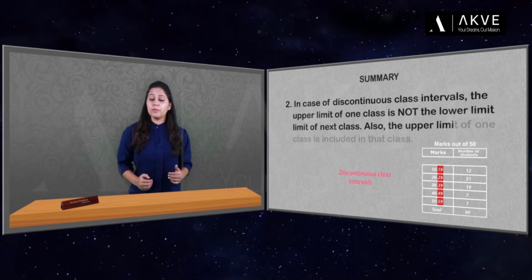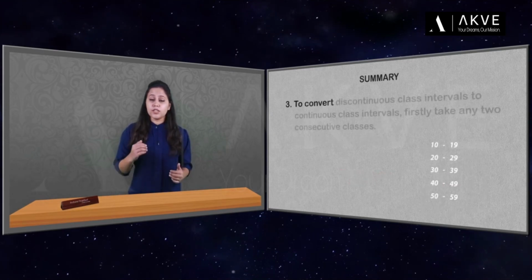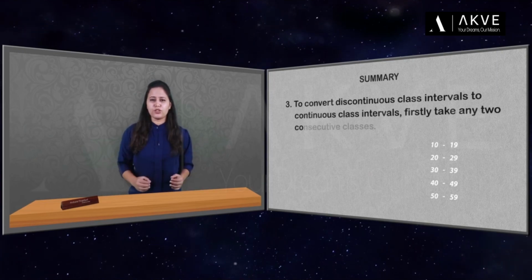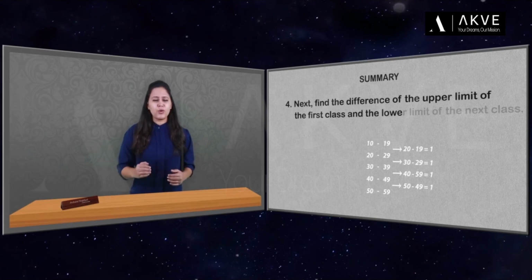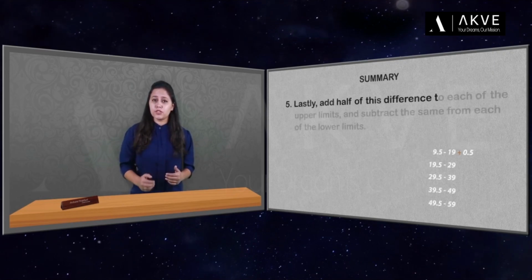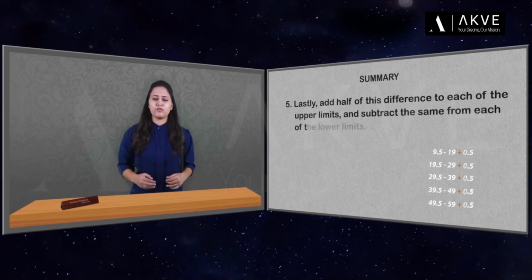Also, the upper limit of one class is included in that class. To convert discontinuous class intervals to continuous class intervals, firstly take any two consecutive classes. Next, find the difference of the upper limit of the first class and the lower limit of the next class. Lastly, add half of this difference to each of the upper limits and subtract the same from each of the lower limits.